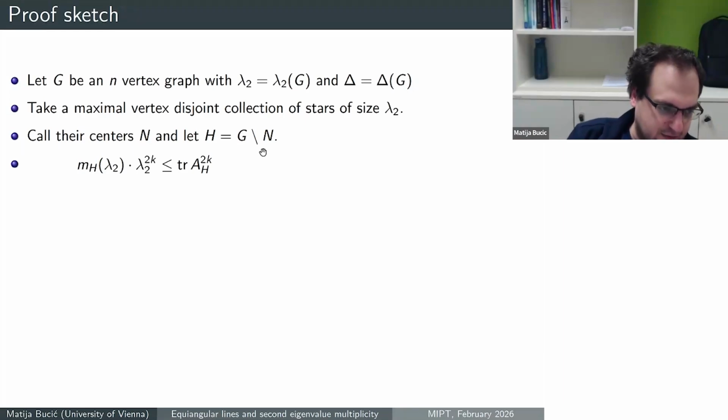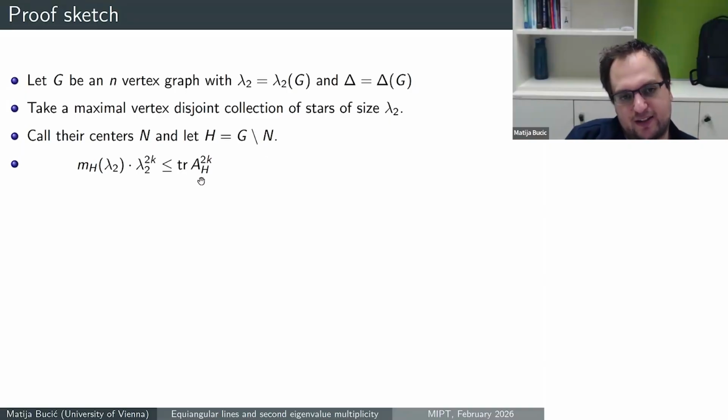So the next key general method we're using is the so-called trace method, which means that the sum of the eigenvalues is equal to the trace of a matrix. And also, the sum of the powers of the eigenvalues is equal to the trace of the same power of the adjacency matrix.